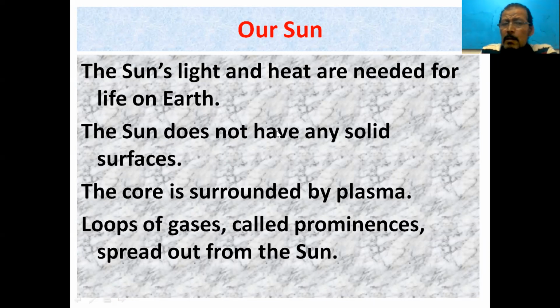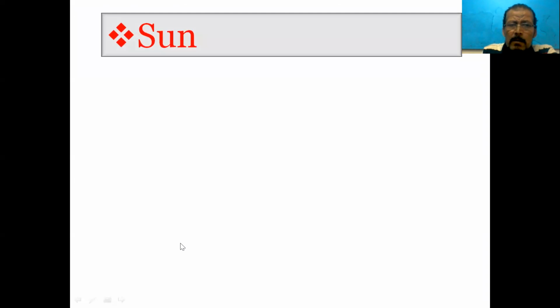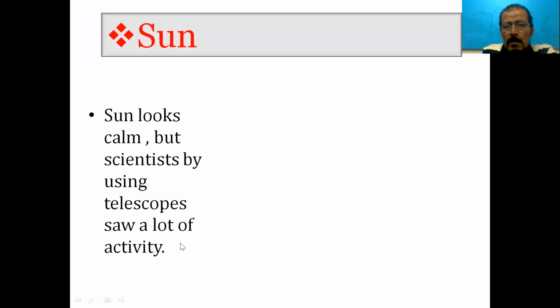The sun doesn't have any solid surface. The core is surrounded by plasma, layers of gases called brightness. The brightness layer spreads out of the sun. You see the sun like this.